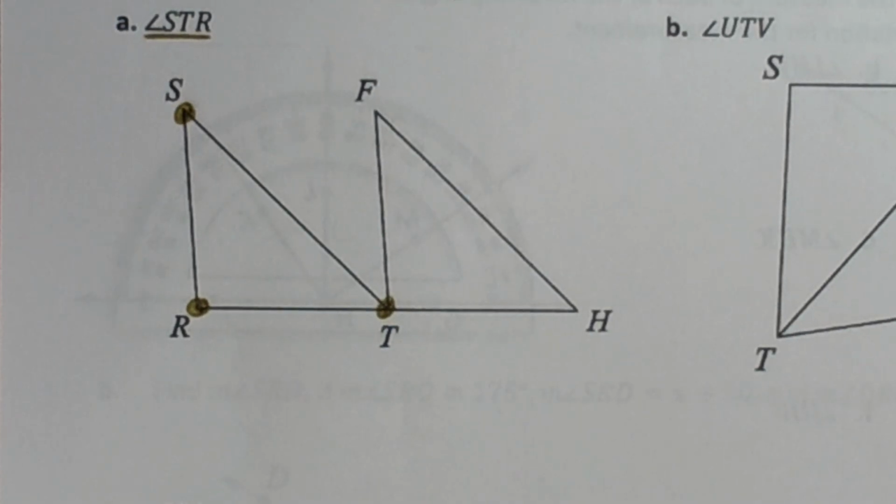Now, you don't have to put the little dots on them. You just have to at least mentally recognize that's S, that's T, that's R. S, T, and R are the corners of a triangle. The question is, which corner is angle STR? Is it the top one? Is it the bottom left? Or is it the bottom right? It is the bottom right.